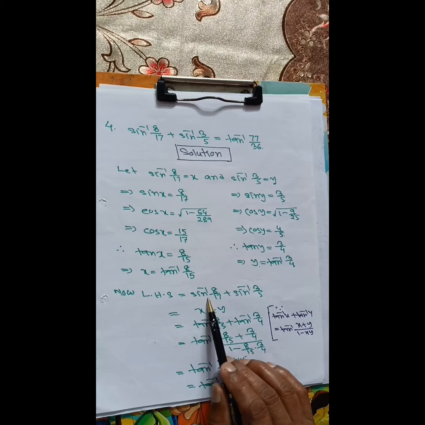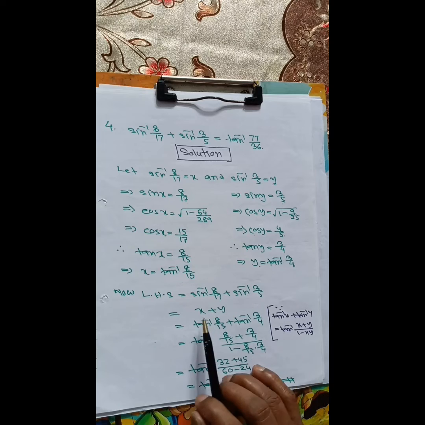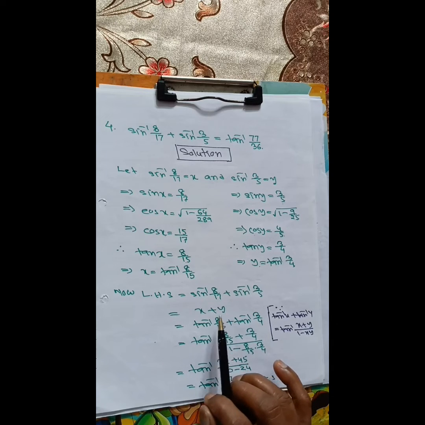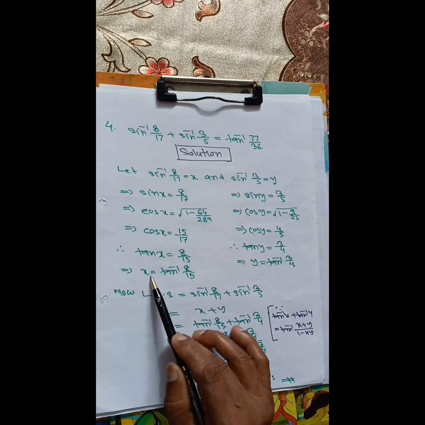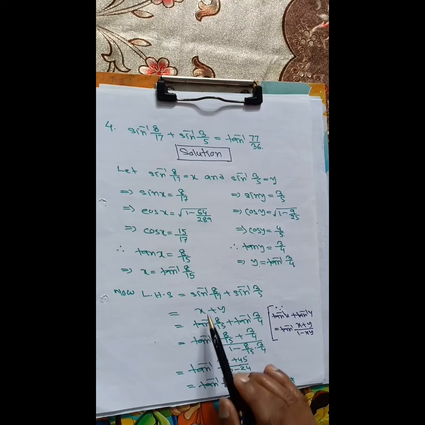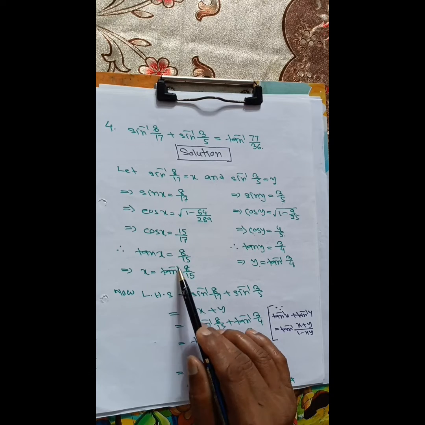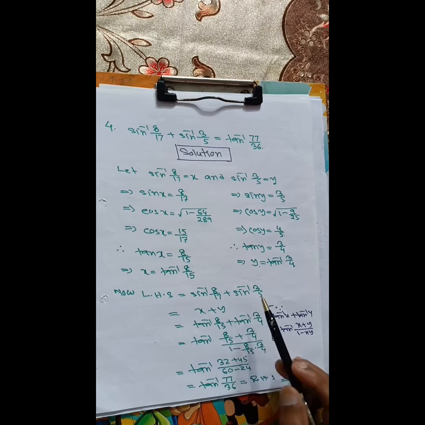Since this is considered as x and this as y, we get x plus y. Now putting the values of x and y, we have to write in tan form. In place of x we write tan inverse 8 by 15, plus in y, tan inverse of 3 by 4.